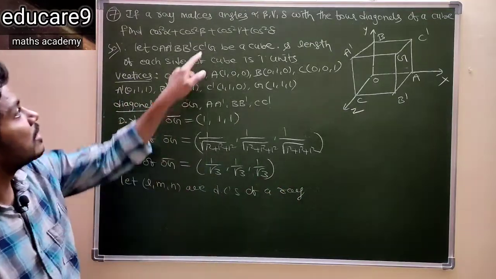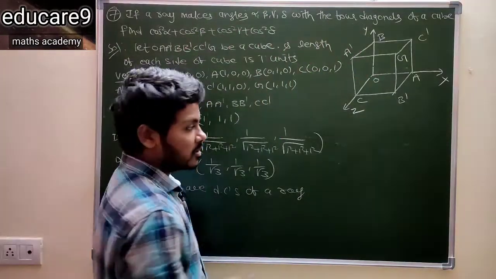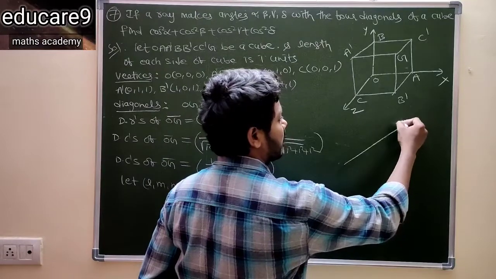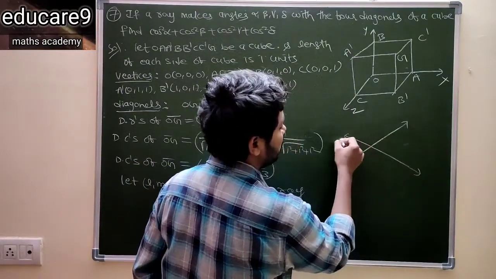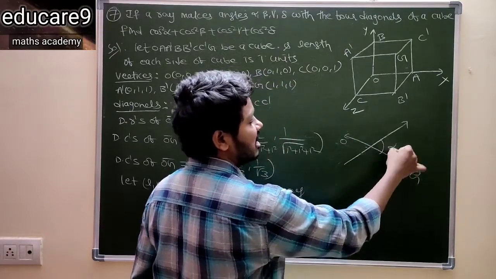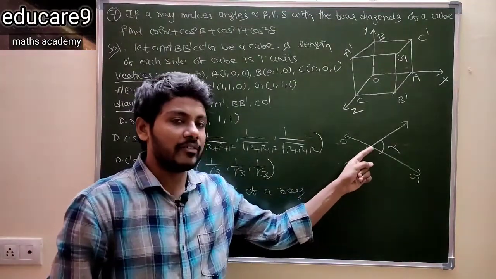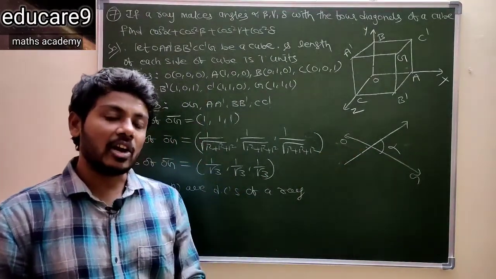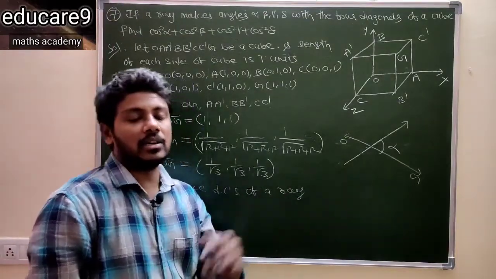Now the given ray makes an angle alpha with the first diagonal. So clearly this is any ray, and this is the first diagonal OG. So the angle between the ray and the first diagonal is alpha. Then how do we find cos alpha?